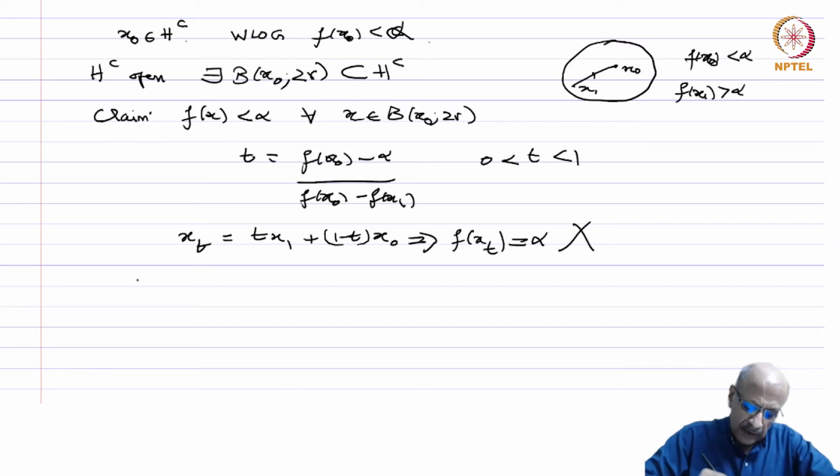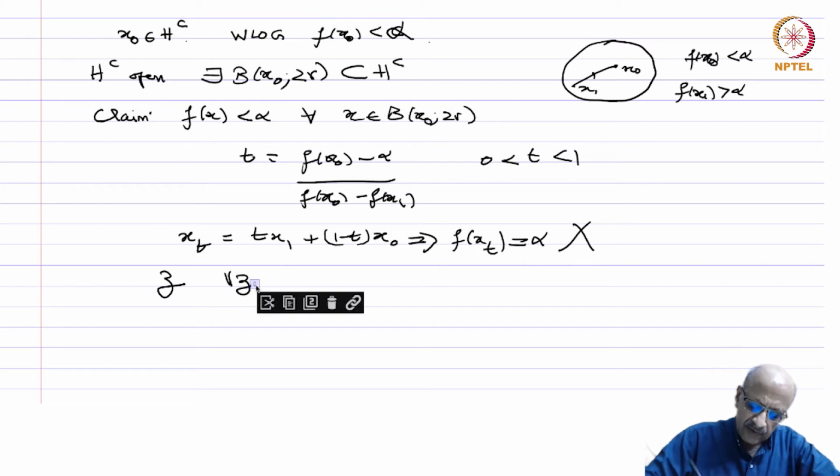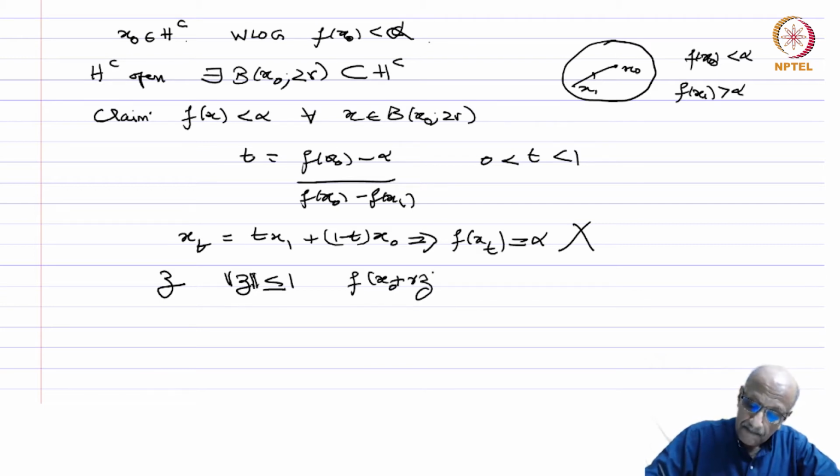Now you take any z such that norm z is less than or equal to 1, and then you take x naught plus rz. The distance of this point from x naught is r, which is less than 2r, and therefore it belongs to the ball.